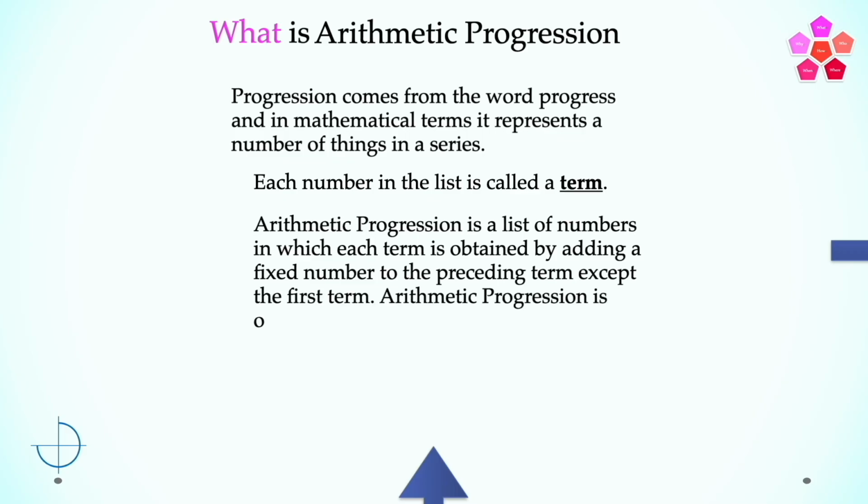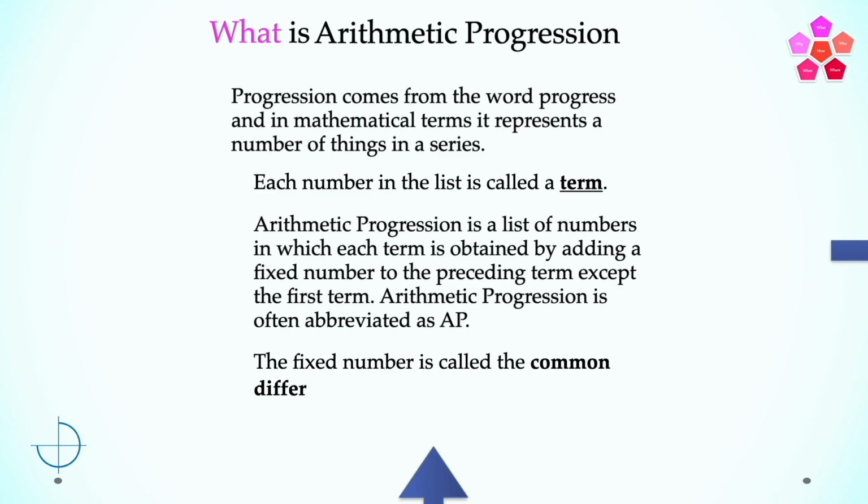Arithmetic progression is often abbreviated as AP, simply taking the first letters of arithmetic, that is A, and progression, that is P. So finally we have the abbreviated name of arithmetic progression as AP. The fixed number is called the common difference of arithmetic progression.